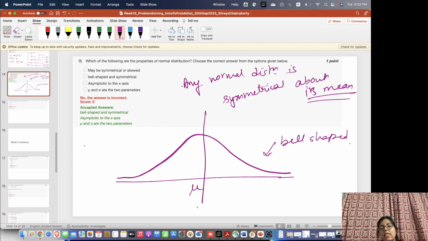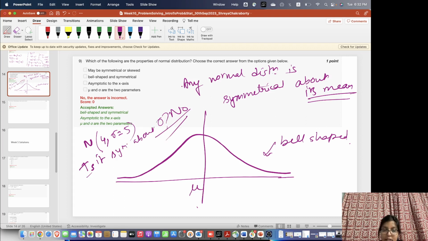For example, if mu is 4 and sigma is 5, and I ask whether it is symmetrical about 0, the answer is no. It is symmetrical around mu equal to 4. If nothing is mentioned, it is implicit that it is symmetrical around its mean. But if there are options that say something like this, then you should know which one to choose. So it is always bell-shaped and symmetrical, and asymptotic to the x-axis.